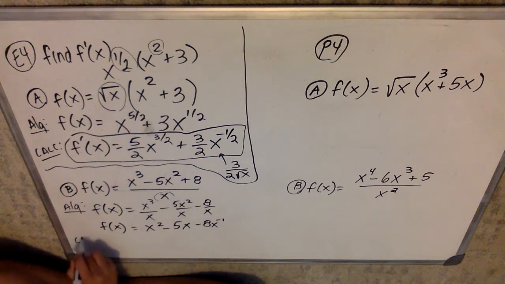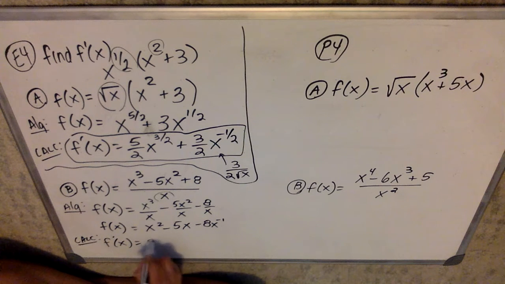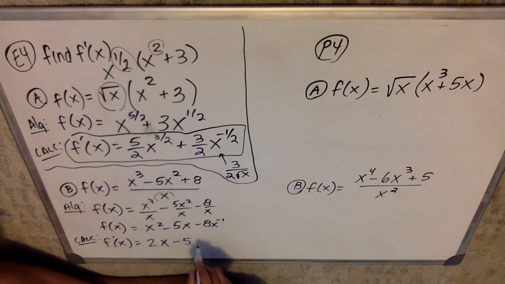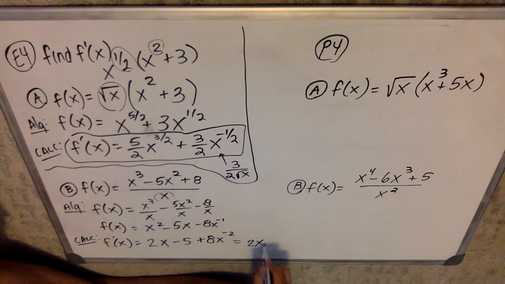So if I did that, my calculus would be that f prime of x equals a 2x minus a 5 times an x to the 0, but we just don't bother to write that, plus an 8x to the negative second. Now this one you probably would see rewritten as a 2x minus 5 plus an 8 on top of an x squared, right? So that's probably the answer you're going to see.